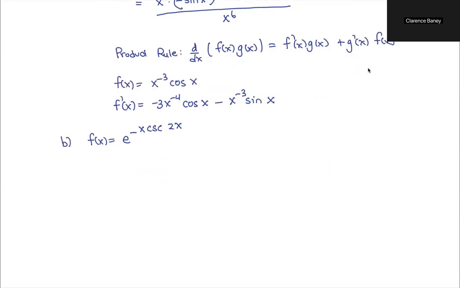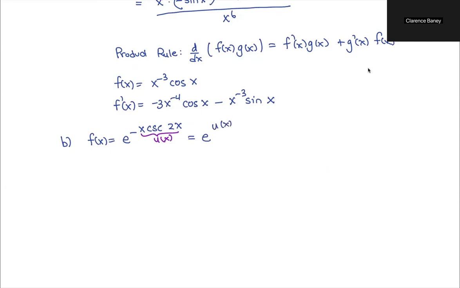One technique that might be helpful is if you were to make or do some sort of a substitution for your inner function. So for example, if you recognize that x cosecant of 2x is your inner function, go ahead and make that like u of x.